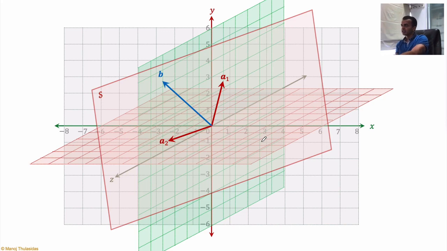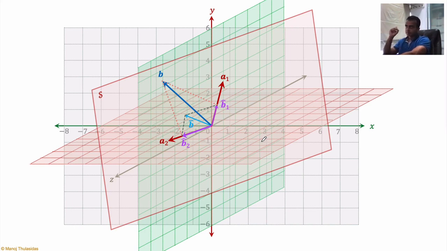So you want to find the vector that is closest to B in the red subspace S. So what you will do is you will project B onto A1, the first basis vector, and also onto A2, so that will be B1 hat and B2 hat, and then you add them up, and now you look at the vector that is B hat, defined by the addition of these 2 projections.